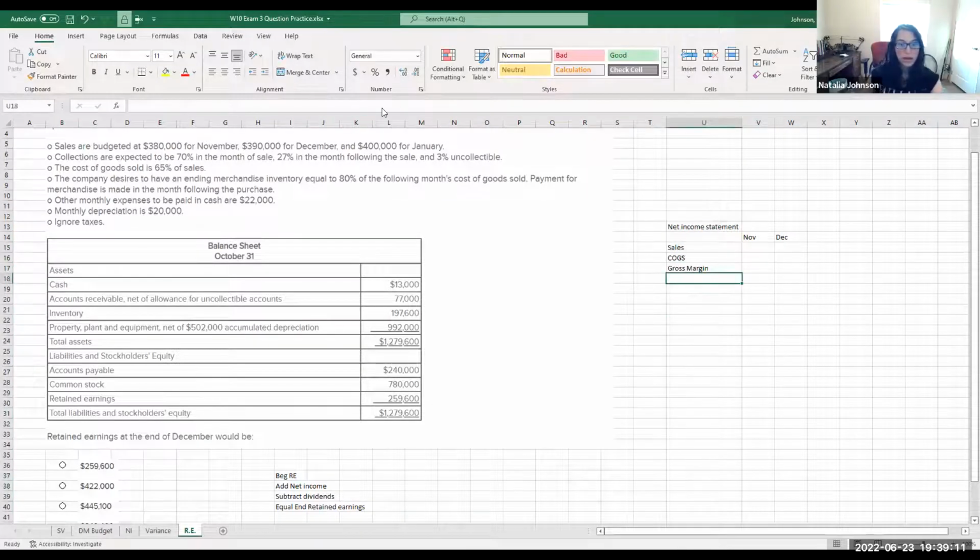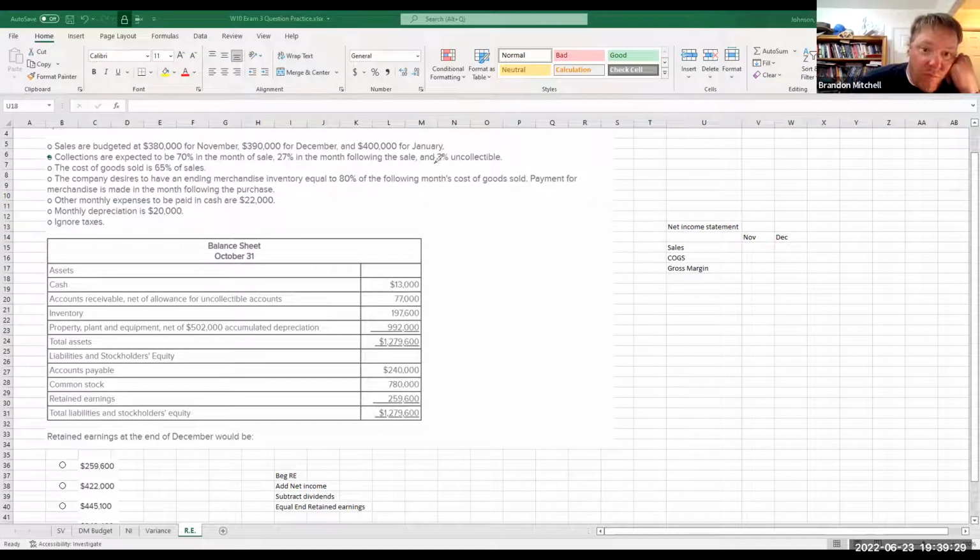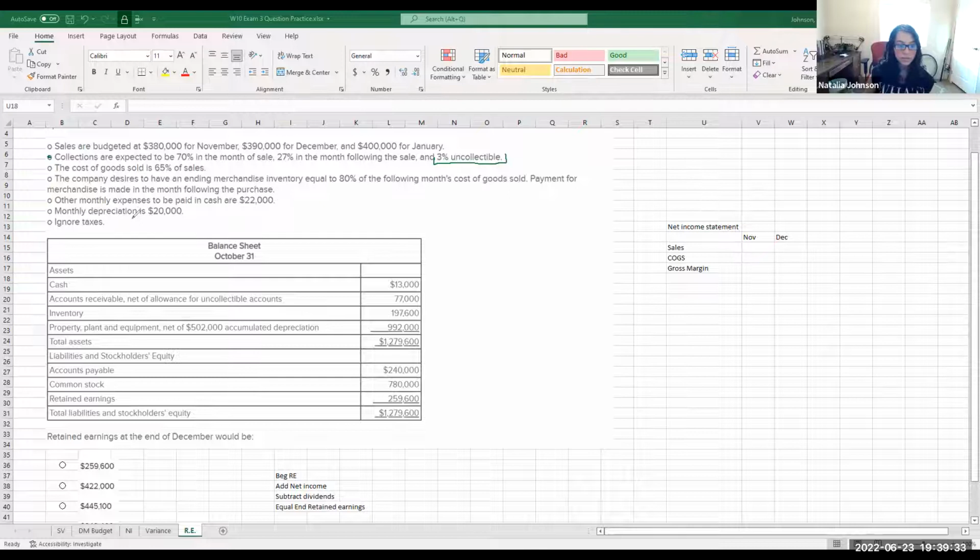Now, if we look at the second point, collections are expected to be 70%, 27%, and the next 3% uncollectible. What is the important information in this point? The uncollectibles, because it's a loss. Then the cost of goods sold is going to be important.